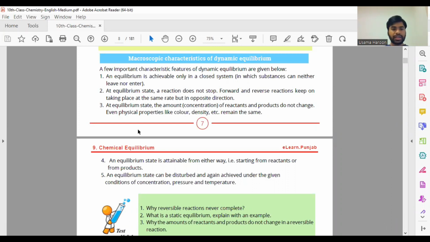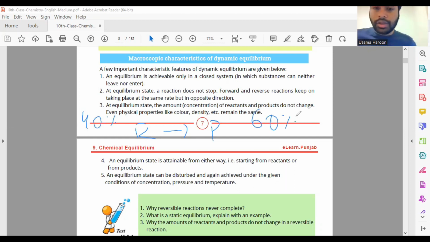And the final point is that an equilibrium state can be disturbed and again achieved under the conditions of concentration, pressure, and temperature. This is the point that I was talking about: if we have reactants being converted into the products, and the equilibrium has been attained when 40% of the reactants are present and 60% of the products are present, what I do is disturb the amount of the products.